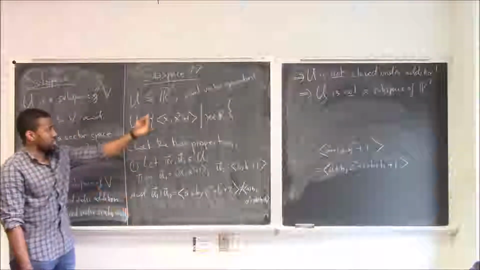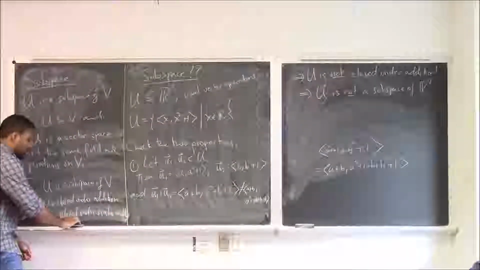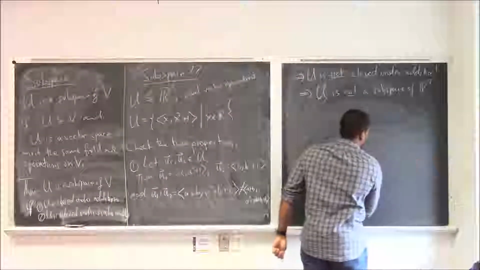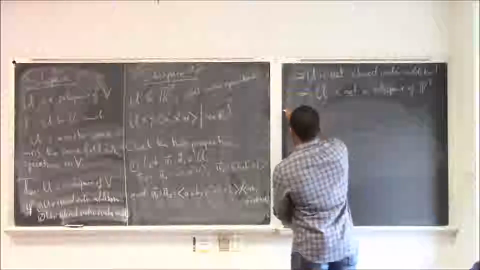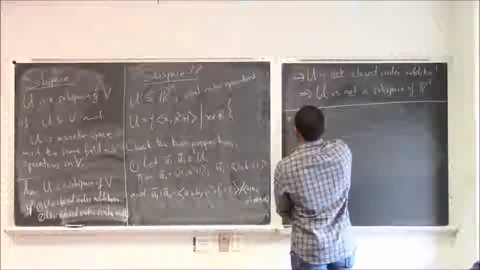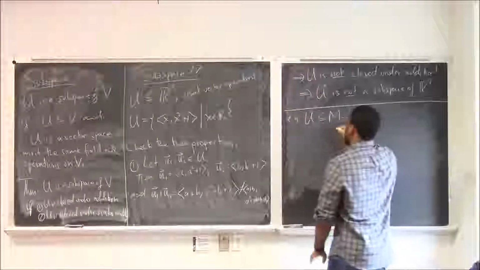So if I was talking about matrices, you would have to verify how things look with matrices. For example, I could say, if U is the subset of M2, we actually looked at this, right?